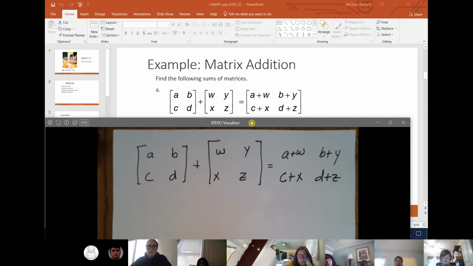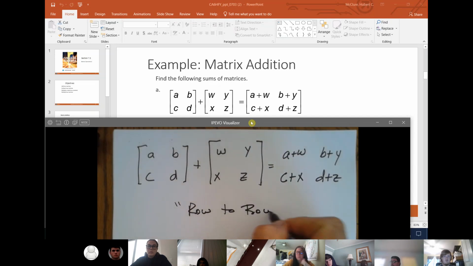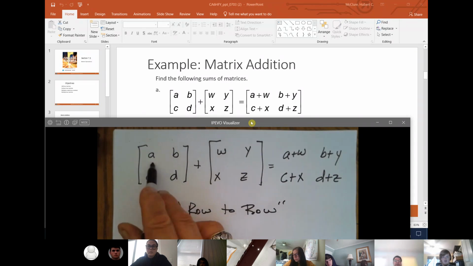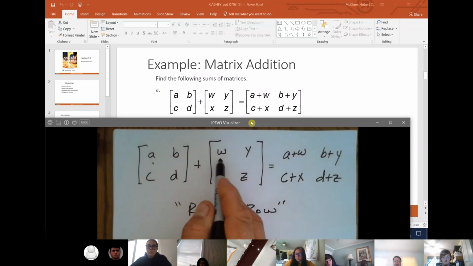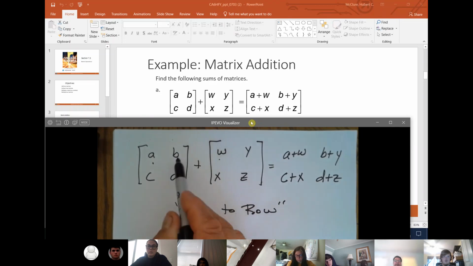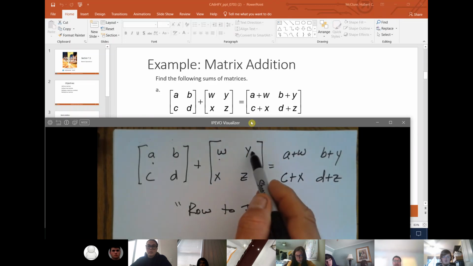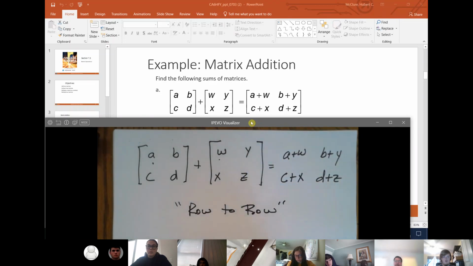Same thing with subtraction. Row to row. In other words, the corresponding letter to the corresponding letter. A is in the top left, W is in the top left, B is in the top right, Y is in the top right, and so on.